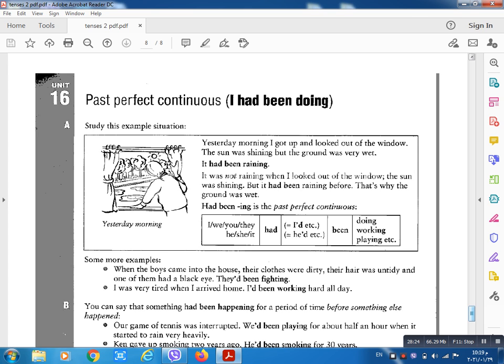The speaker was interested in the action itself, not the completed action or the result, regardless of whether this action had ended or not. Let's see an example situation.